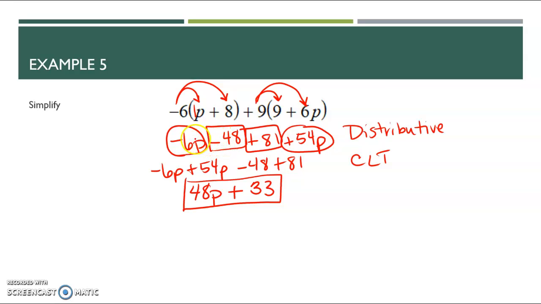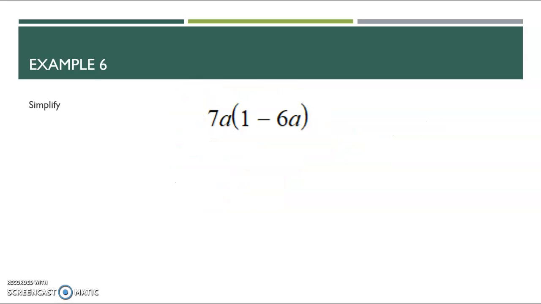So here we had negative 6p minus 48. This became a negative 48. So just kind of keep that in mind. And so that one was just a little bit more intense, more distributing, and then a little bit more to combine. All right, now here's our last one.